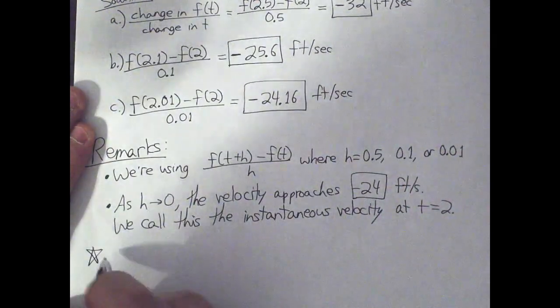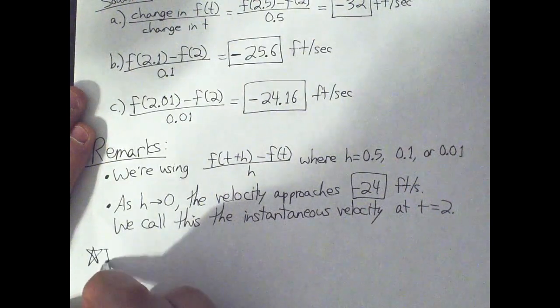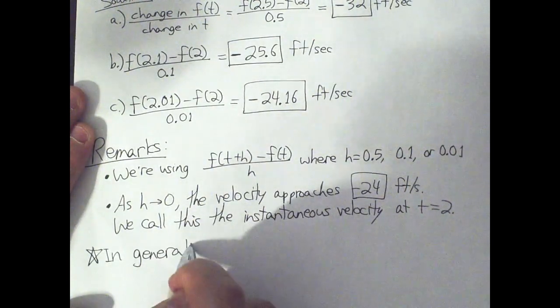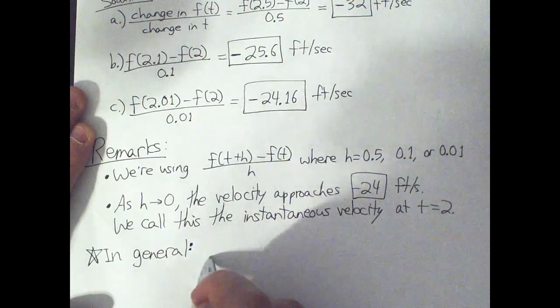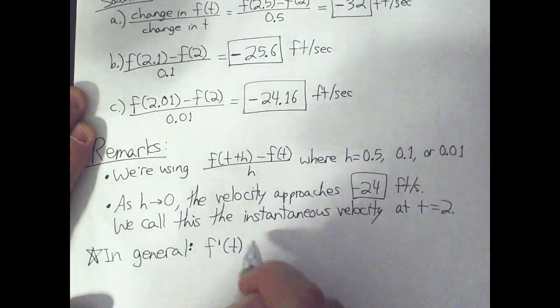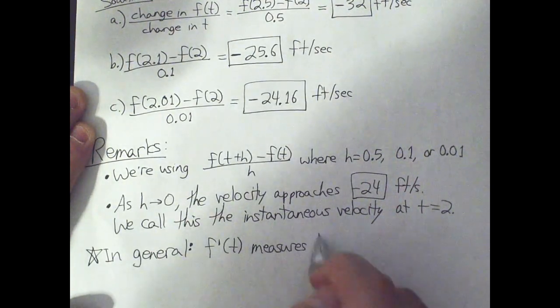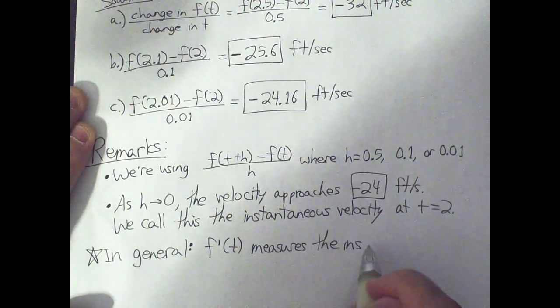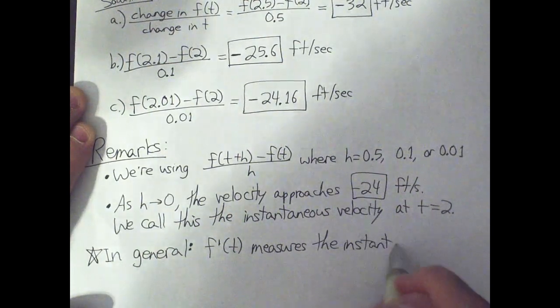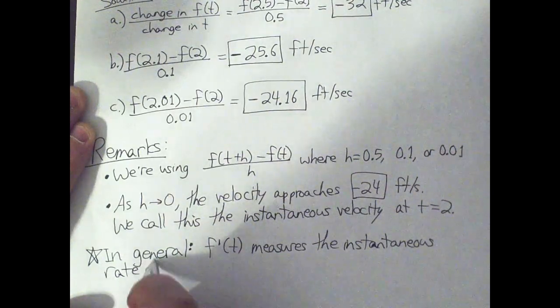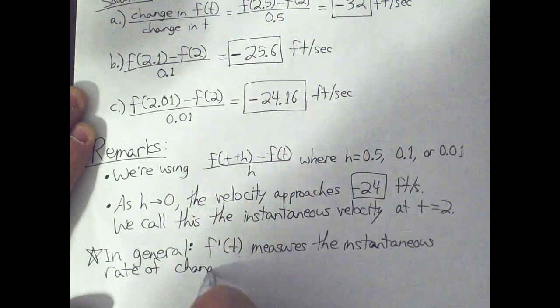That's why we waited until now to discuss this, because now we understand the derivative. And in general, we are going to say f prime of t measures the instantaneous rate of change of f at t.